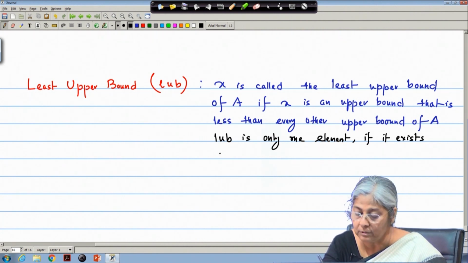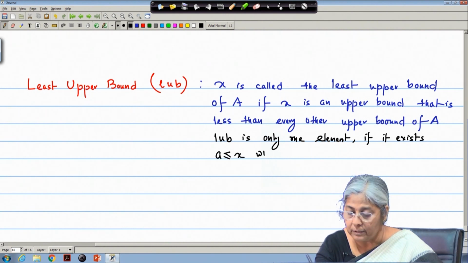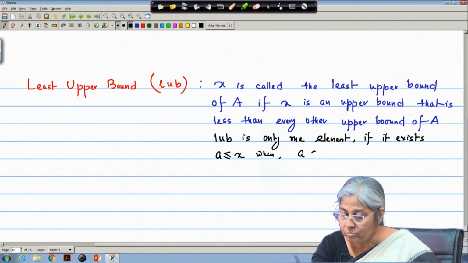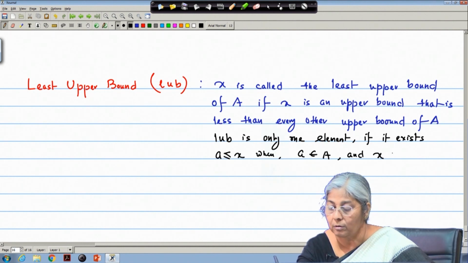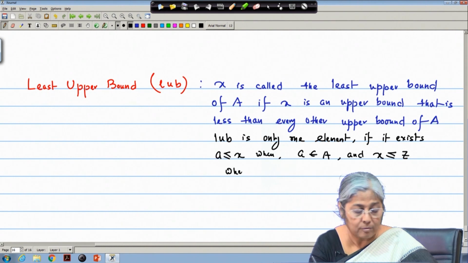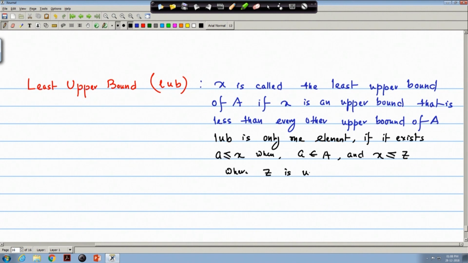And in notation we can write A is less than X when A belongs to A and X belongs to, or X is less than Z where Z is an upper bound of A.